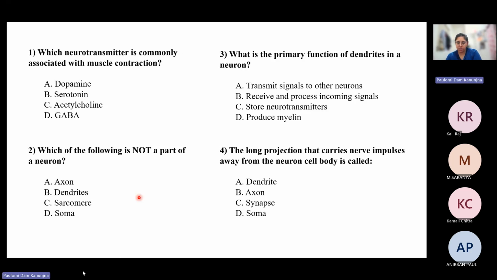Okay. CCBB. Most of you are writing PCBB. I'm seeing someone typing, so I'll wait for a minute.